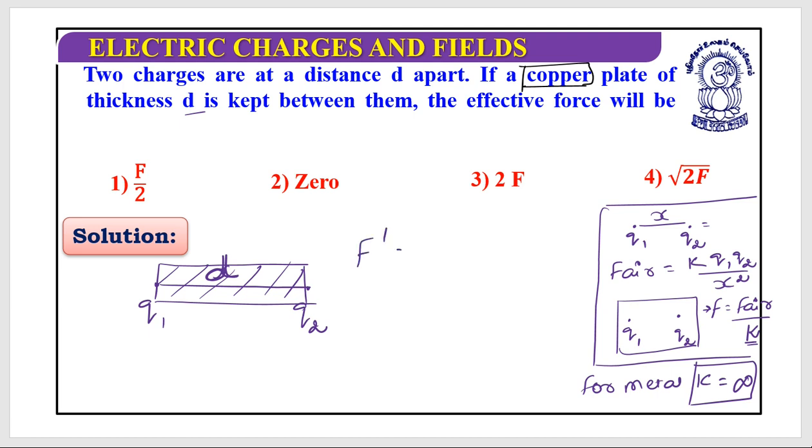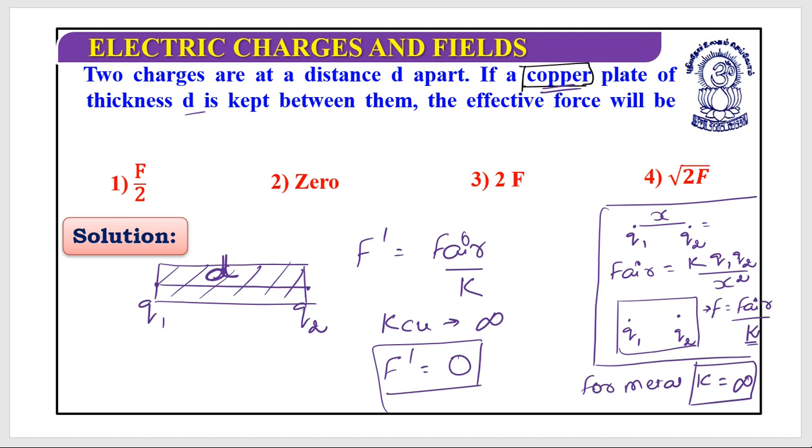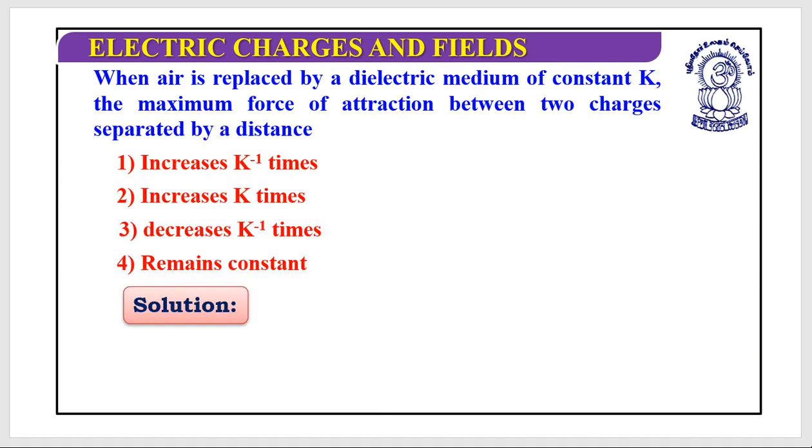Then F dash should be equal to F of the air divided by k. As they have used a copper plate, it is a metal, so for copper k would be infinite, and if it is infinite, F dash would be equal to 0. So this would be our answer. It would be a zero force. Are you clear with this? Are you sure? Let's look at the next question.